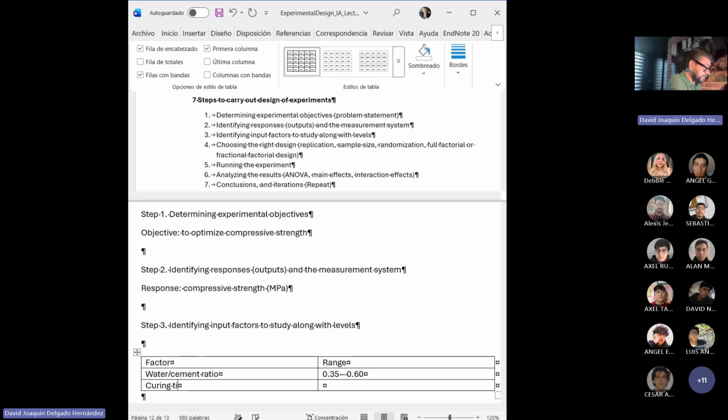Curing time refers to the process where once you have put the concrete inside, you have to add some water in order for the chemical reaction of the concrete to go smoothly. Because if you don't add this water, the concrete gets very hot.